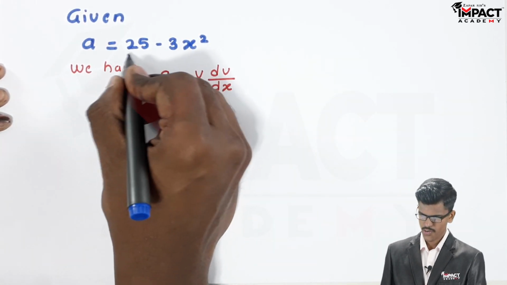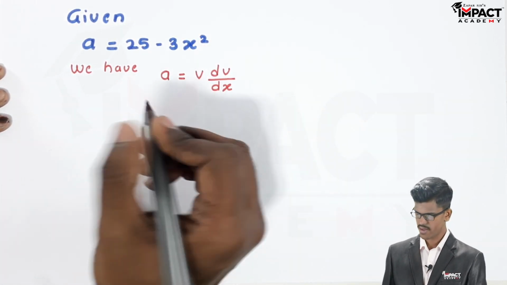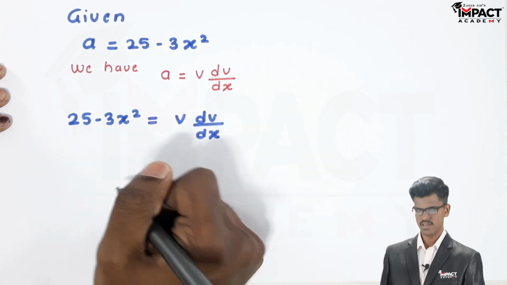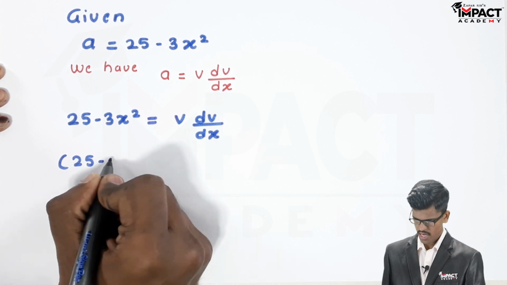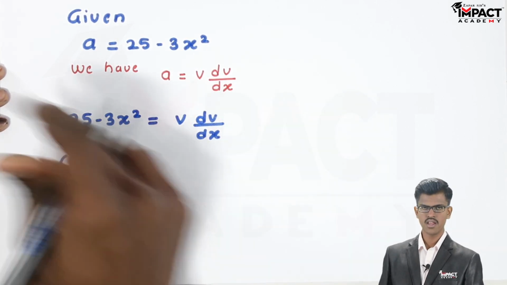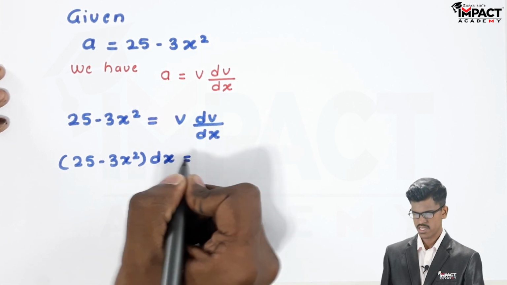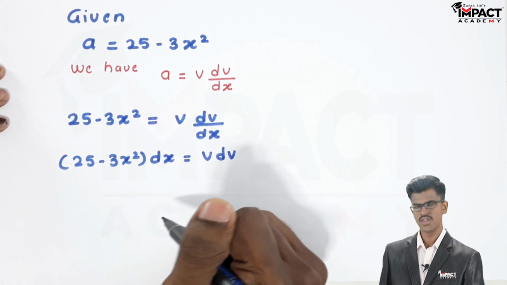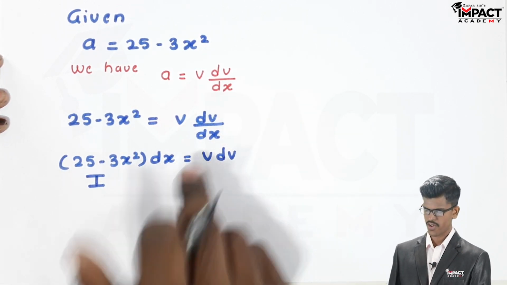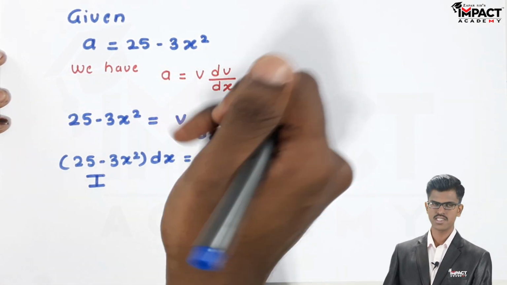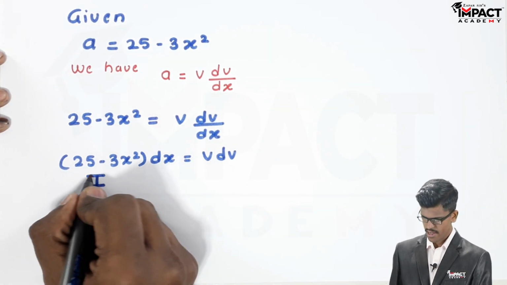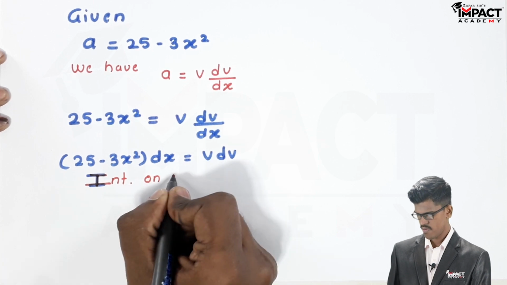Substitute a = 25 - 3x². Here dx is in the denominator, so take it to the left hand side, where it gets multiplied. Integrate on both sides, since we have to calculate the velocity from acceleration.